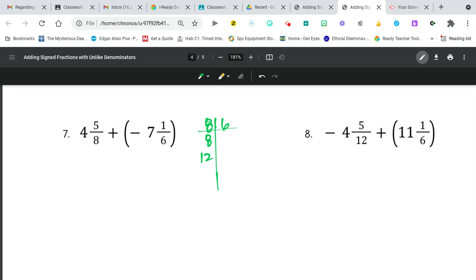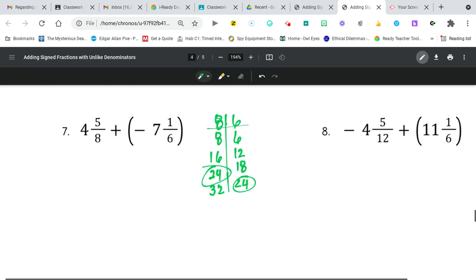Finding the common denominator, guys. 8, 16, 24, 32. And then I'm going to skip count here: 6, 12, 18, 24. So my common denominator is now 24.